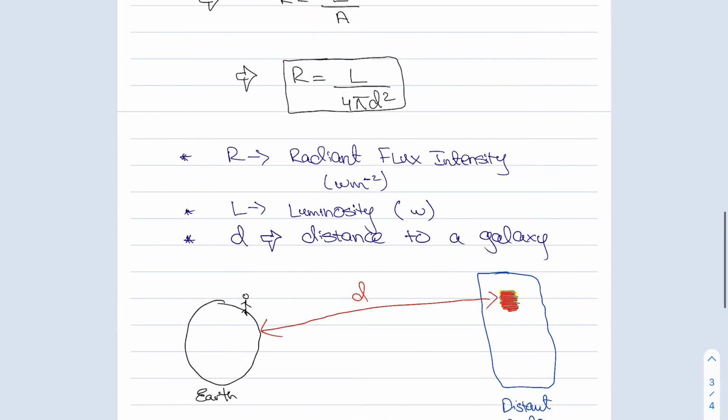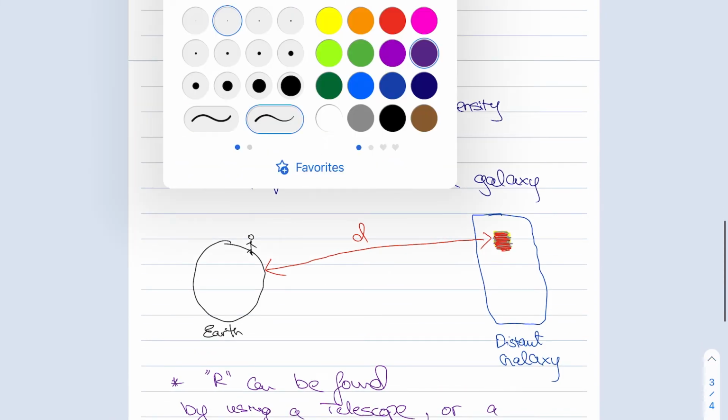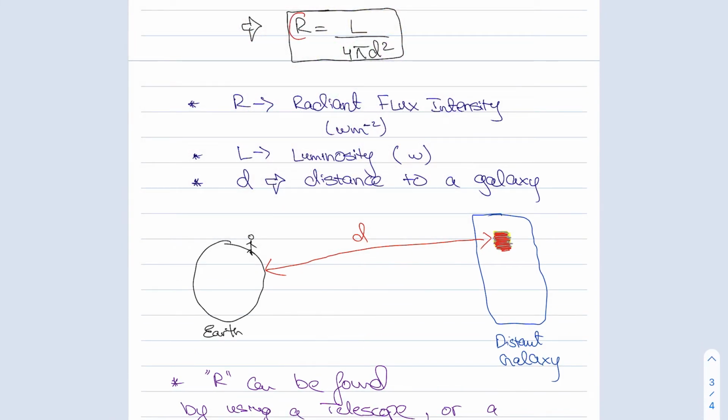So that's how you can find R. And what the examiner will do in the exam is he might give you the values for R and L, and tell you to find the value for D, the distance to the galaxy, or he might give you the values for D and R and tell you to find L, or he might give you the values for L and D and ask you to find R. So he can play with the variables, and you just need to remember this equation, because it is not given in the exam.